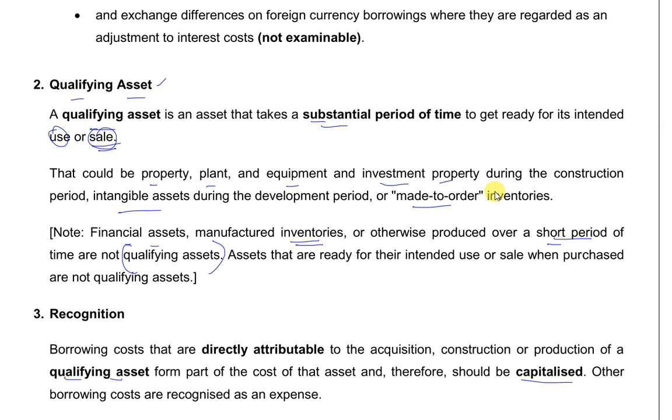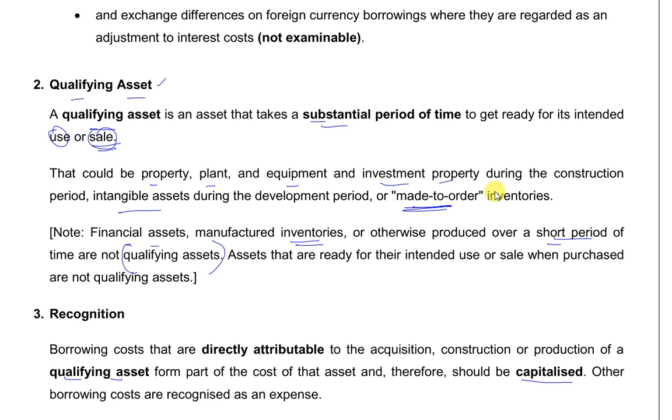Property, machine, let's say my company is Siemens, you know Siemens? Siemens manufactures a lot of machinery to sell. So I manufacture machines made to order, because different customers will require different machine specifications. So made to order. Of course, it is recorded as inventory, but it's not mass-produced inventory. If I produce pen and pencil, inventory also.